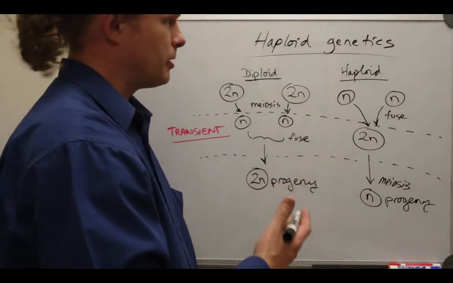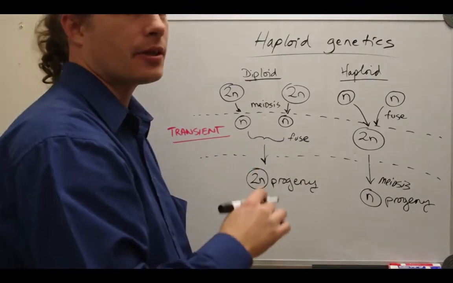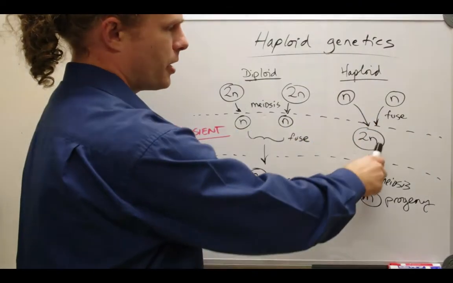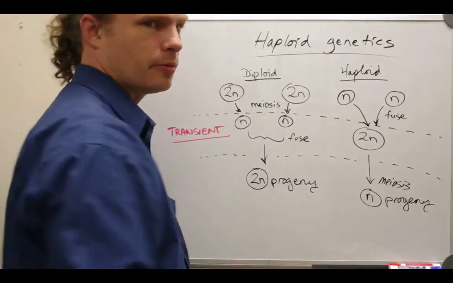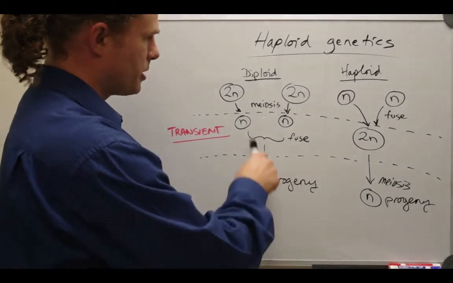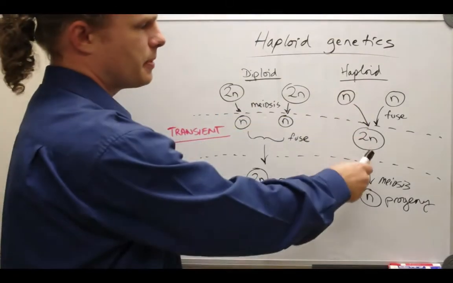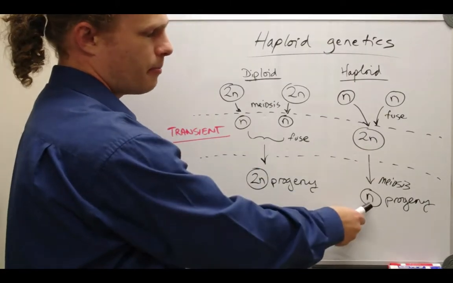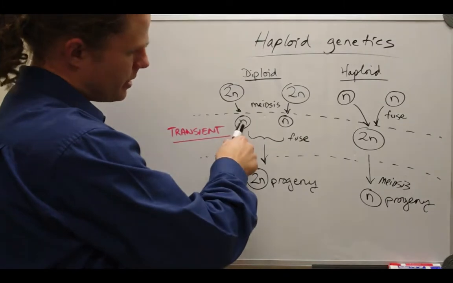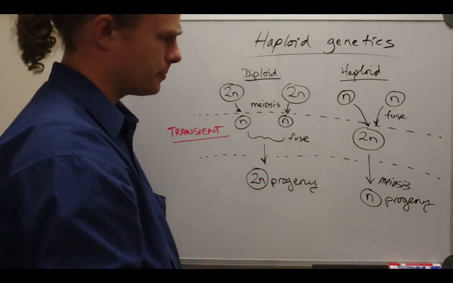One of the handy things about haploid and diploid meioses is that they are actually the same. Haploids make transient diploids that then undergo meiosis in the same way that a diploid organism undergoes meiosis to make gametes. So whereas haploids make transient diploids that then make more haploid progeny, diploid organisms make transient haploids that then fuse to give new 2n progeny.